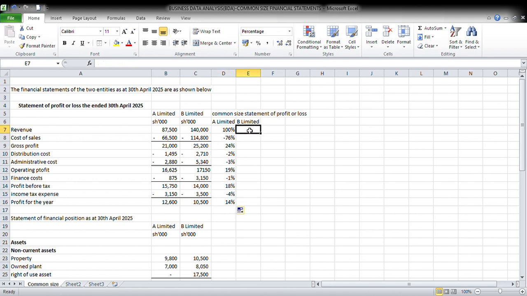Then for company B, we also express each line in terms of the revenue or the sales, and then we lock that cell so that we autofill the remaining.